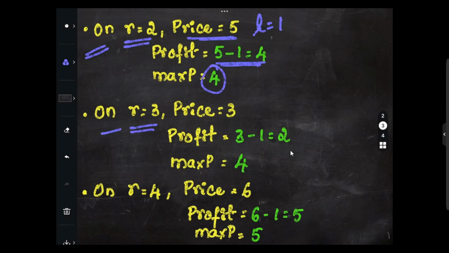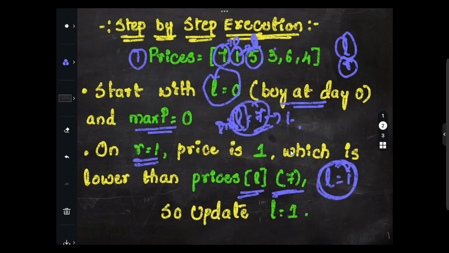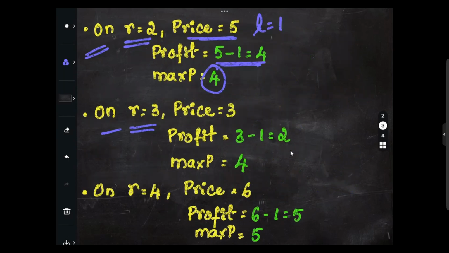So the next step, R will be 3. We'll be moving to the next value. R equals 3 is this one. It's 0 indexed, so 0, 1, 2, and this one 3, this one 4, and this is 5. So we are incrementing R here. Price is 3.